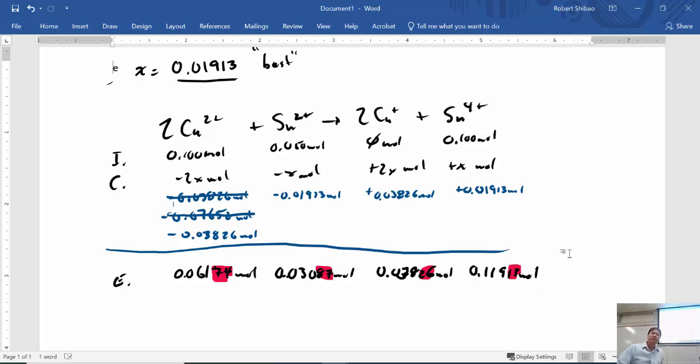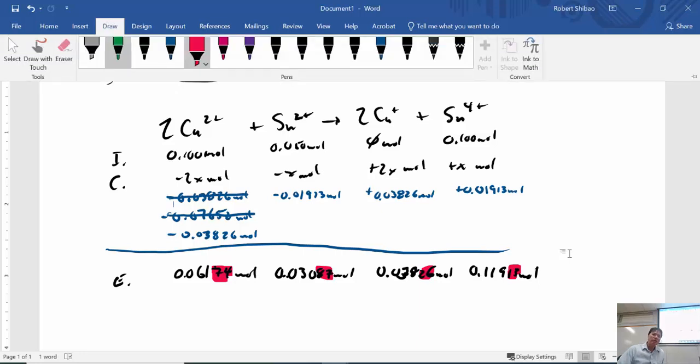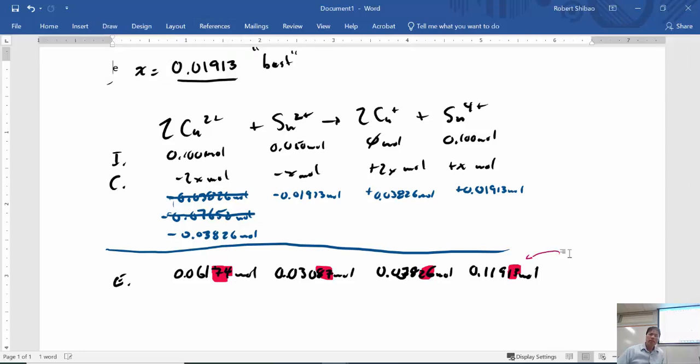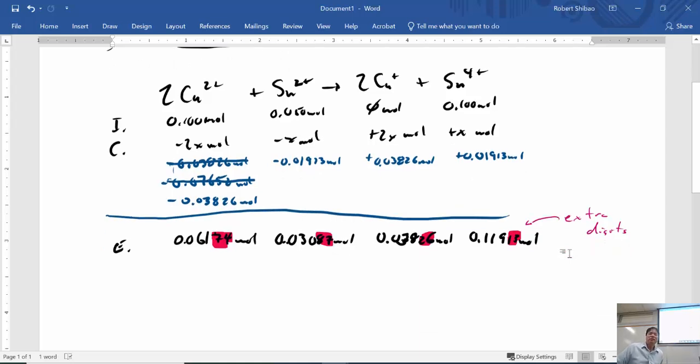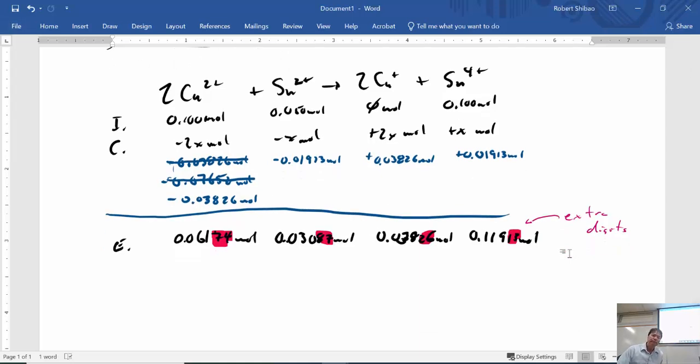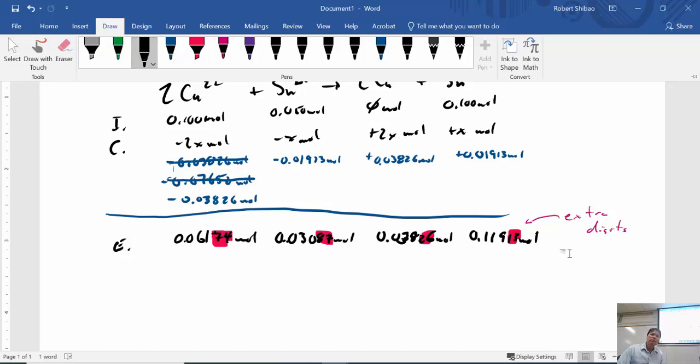Those are extra sig figs, extra digits that aren't allowed here. And the reason I always carry extra digits is because I want to check the ratio. This is one way to check your calculation.